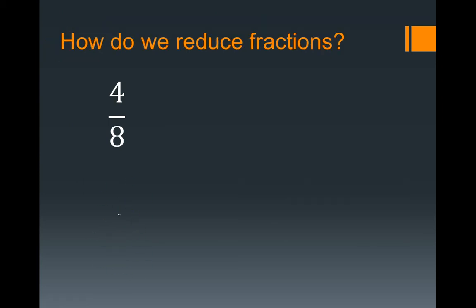So let's take a look at it. How do we reduce fractions? Well, first thing we need to do is divide each number into its factors. We need to find the factors of the numerator and the denominator. So what are factors?